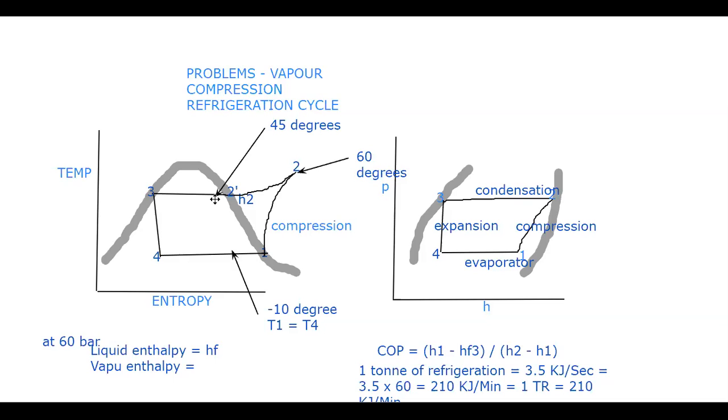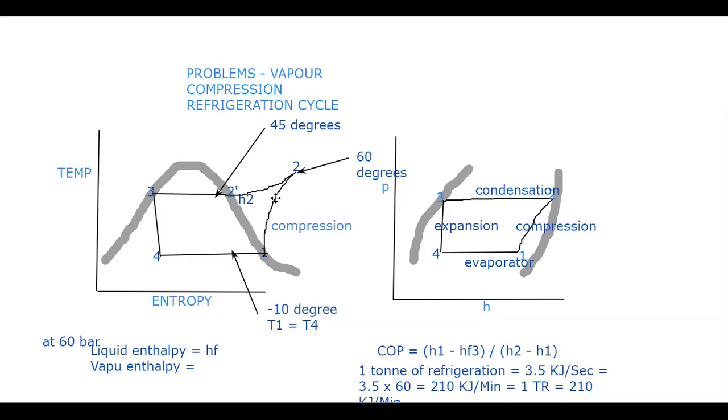On the 45 degrees line, where it is liquid, it is at point number 3, touching the liquid curve. That is why it is HF3. Also the vapor enthalpy is on the dry saturated curve, that is H2 dash. H2 dash is some 480 point something, correct?